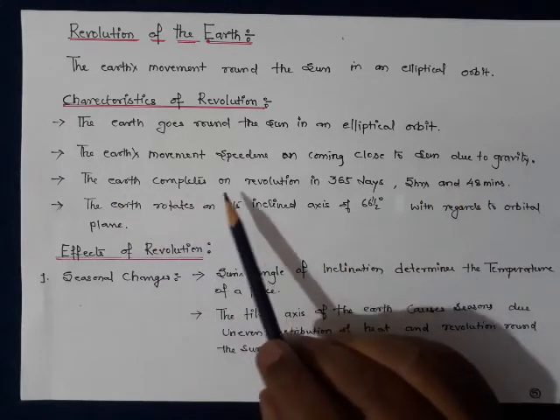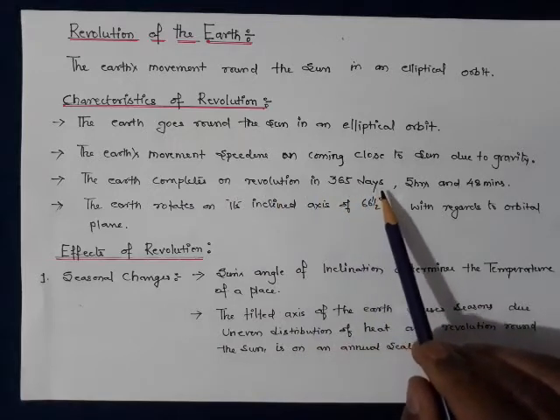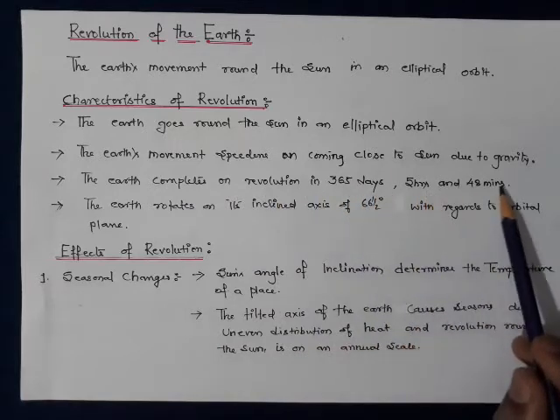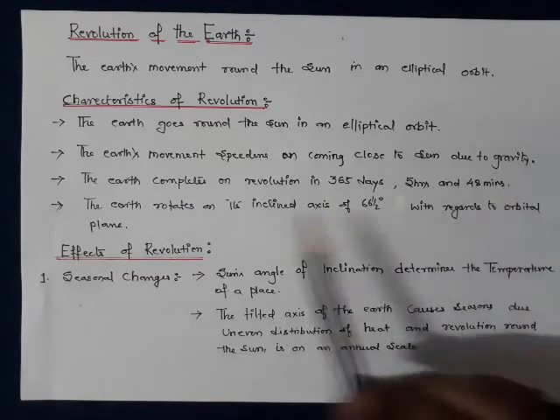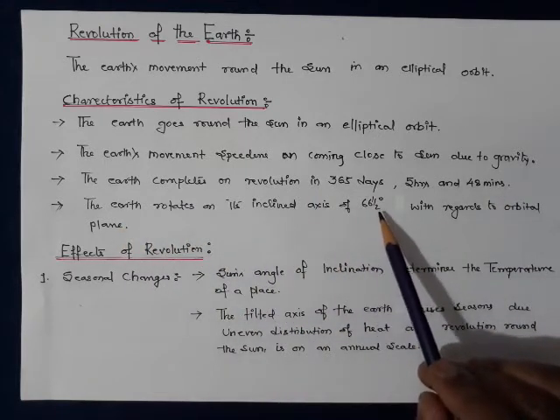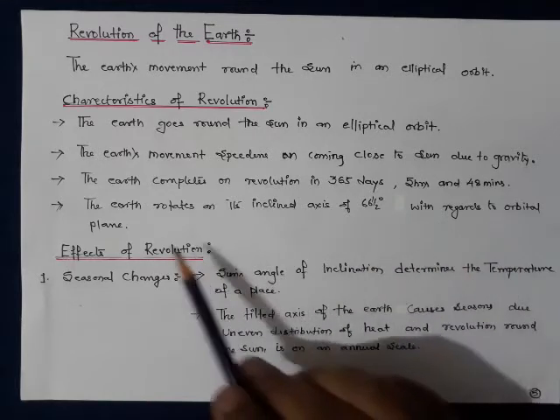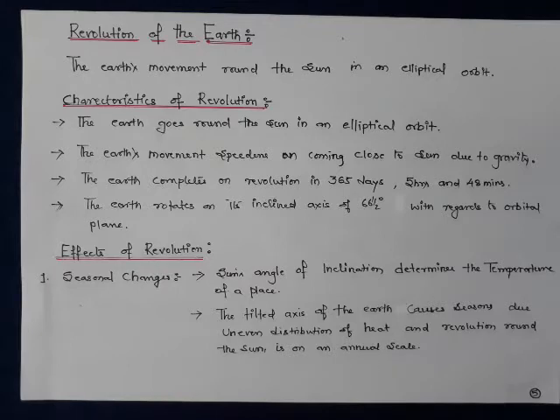The Earth completes one revolution in 365 days, 5 hours and 48 minutes. The Earth rotates on its inclined axis of 66 degrees with regards to the orbital plane.